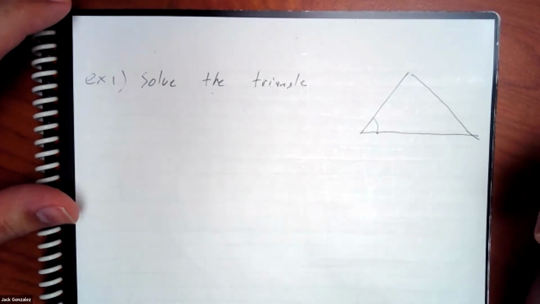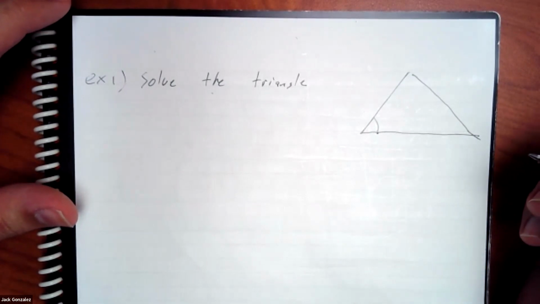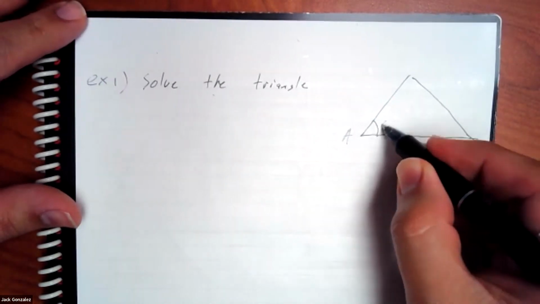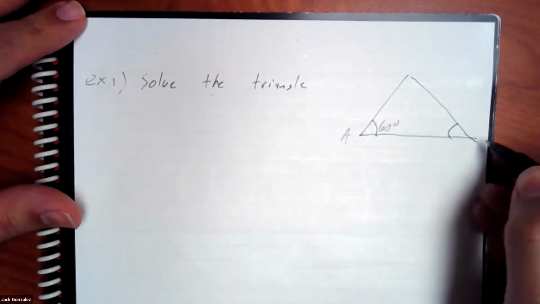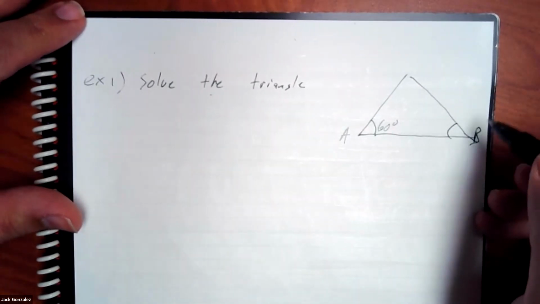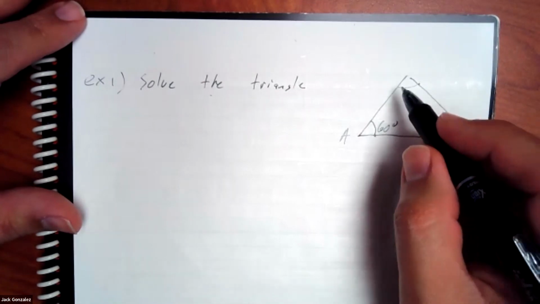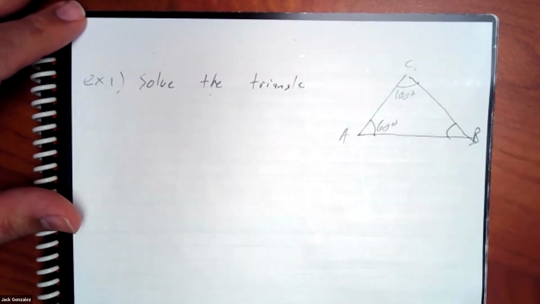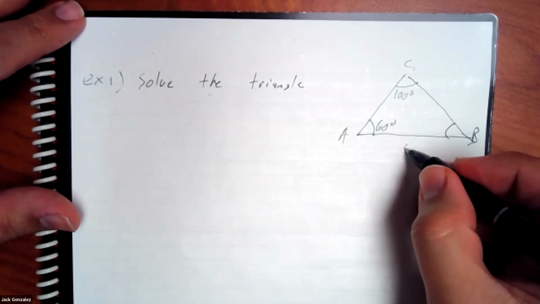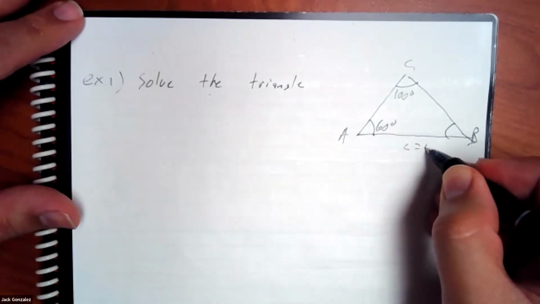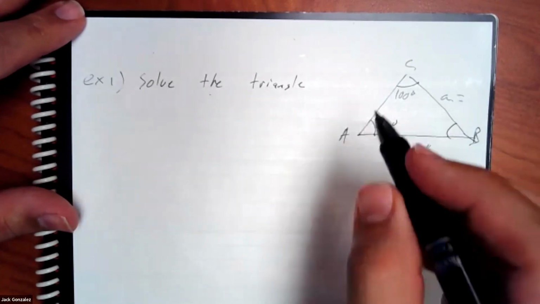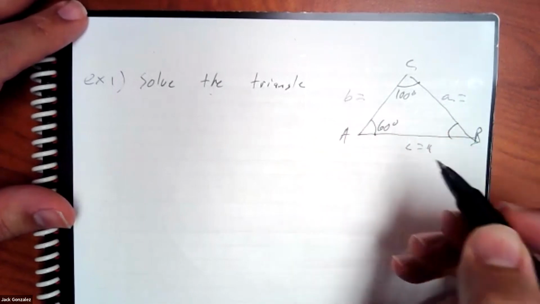They're going to give us angle A of 60 degrees. Angle B is not given. Angle C is 100 degrees. Little c is 4. A is something, we don't have it. B is something.